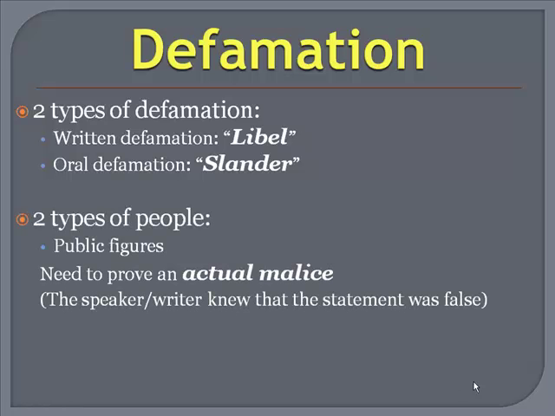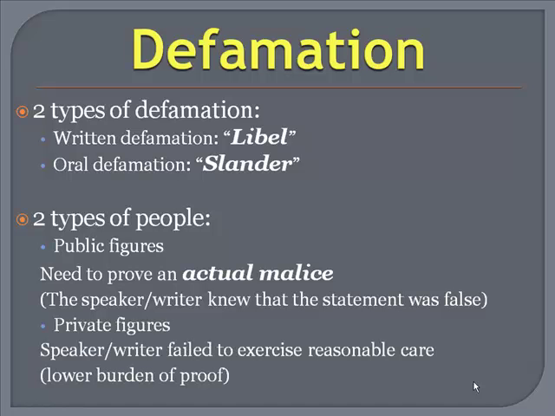Now, there are 2 types of people that you need to consider. Either the person is a public figure and then you need to prove actual malice, so that's a tough part, okay? You have to show that the speaker or writer knew that the statement was false.